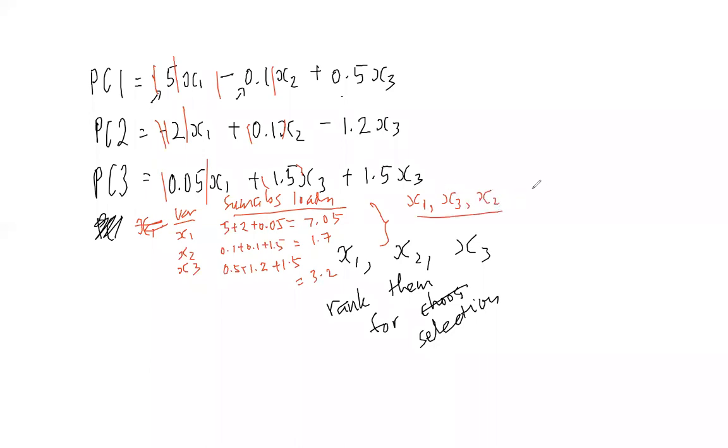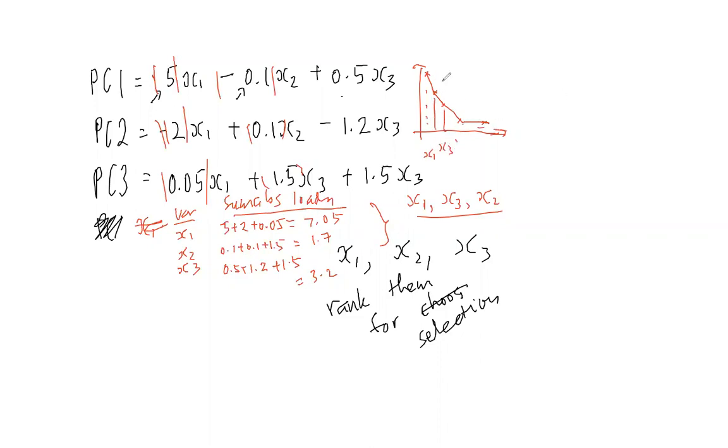And then after you rank this, there are several ways to do it. Usually, one way is you rank it, and you can use something called a scree plot. So how many to take? You arrange them, for example, this is X1, this is X3, this is X2, and so on.